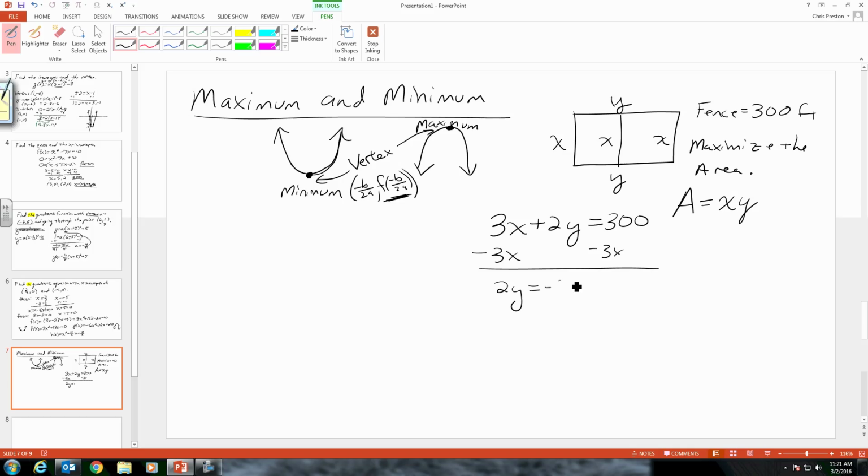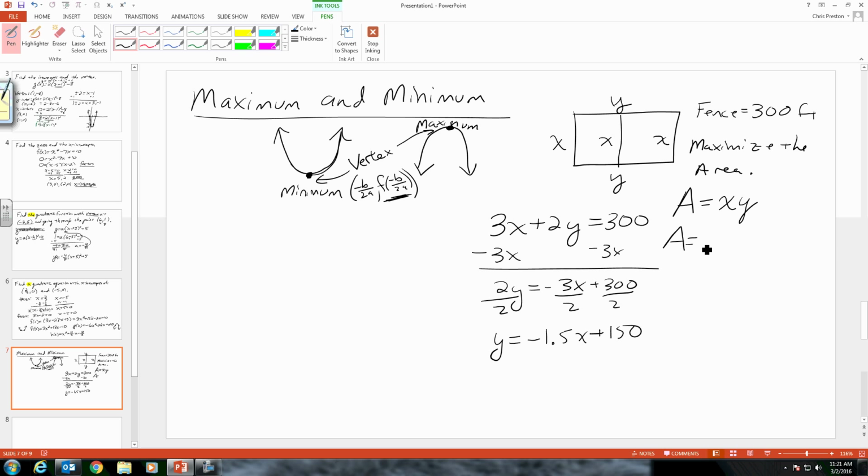So negative 3x plus 300, divide everybody by 2. And so y equals, I'm just going to make that negative 1.5x plus 150. So this is saying this length value is 150 and then minus 1.5 x's. So I'm going to put that in place of the y in my area formula.